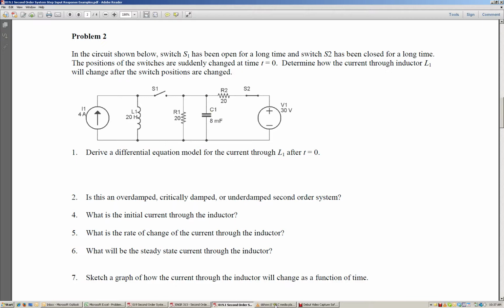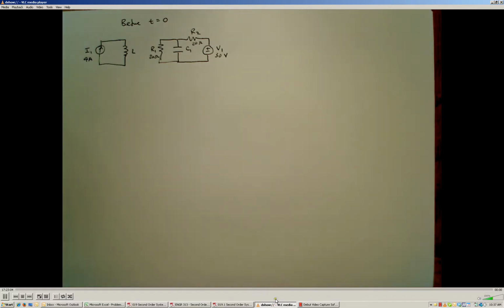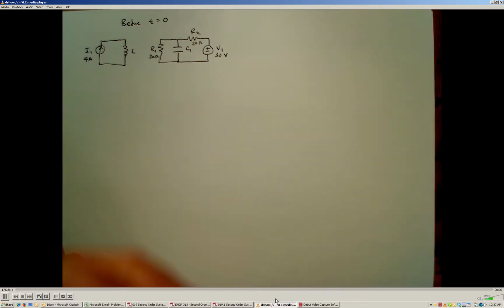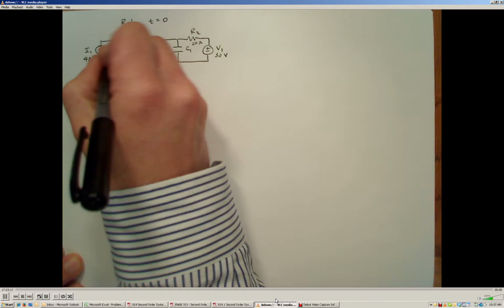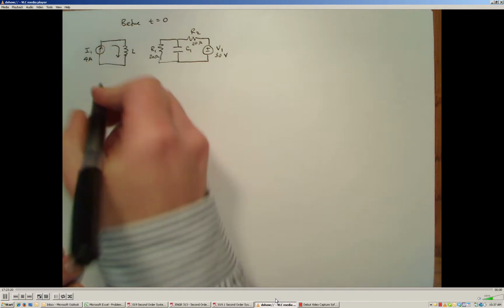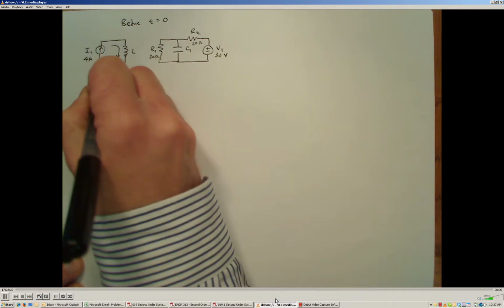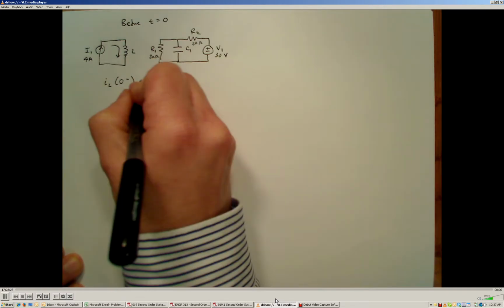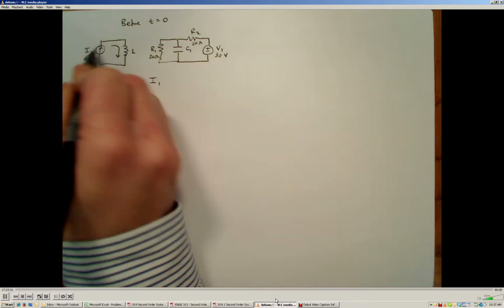Before time t equals 0, the system is operating in the DC steady state, and because of that, the inductor behaves like a wire. So all of the current through the inductor before the switches change position must be the current provided by this current supply, which is 4 amps.